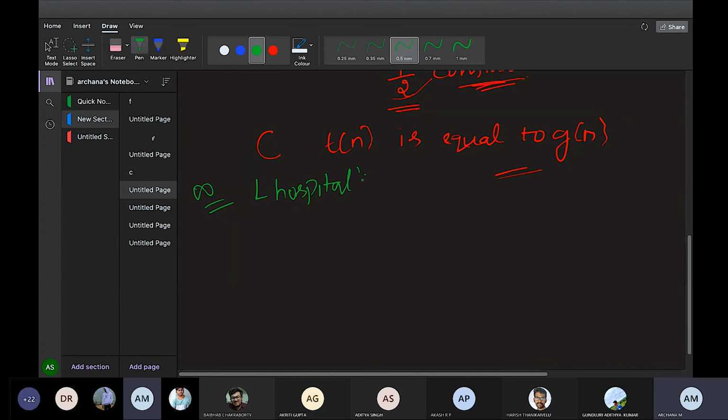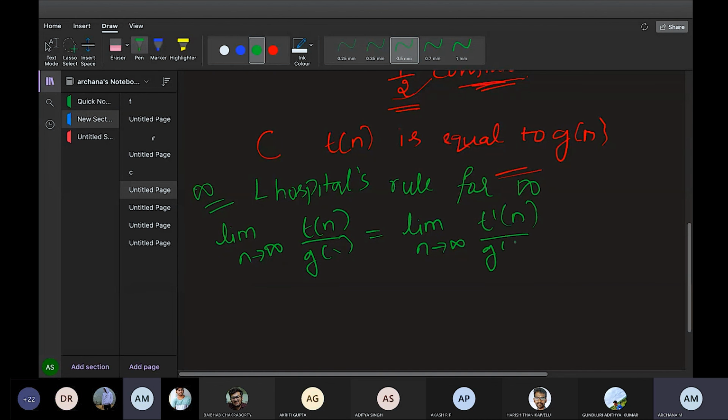Limit of n tends to infinity, t of n divided by g of n is equal to limit of n tends to infinity, t prime of n divided by g prime of n. This is L'Hospital's formula. You people have to keep this in your mind.